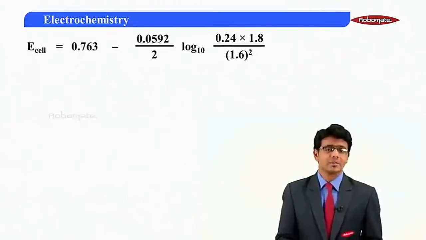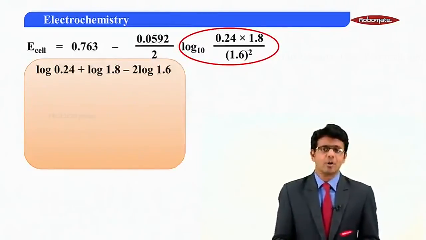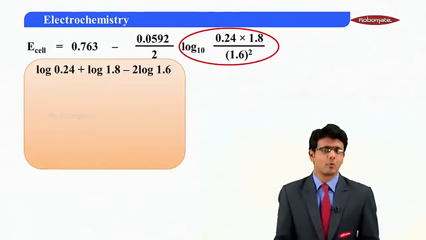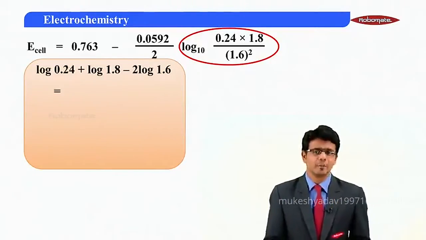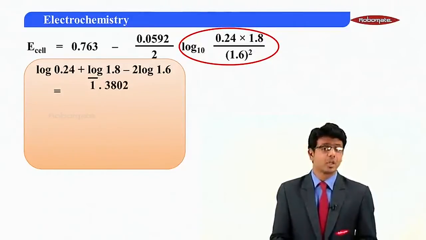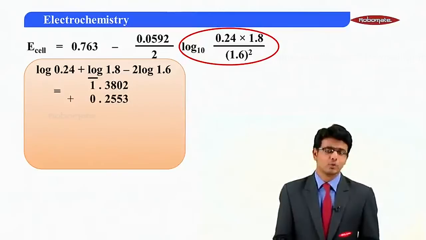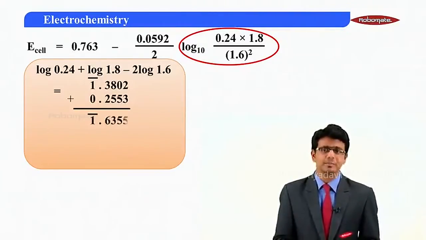So now let us first understand the calculation of this log term. That is log of 0.24 plus log of 1.8 minus 2 times log of 1.6. So here we basically have bar 1.3802 plus 0.2553. Adding these two values, what do we get? Bar 1.6355.